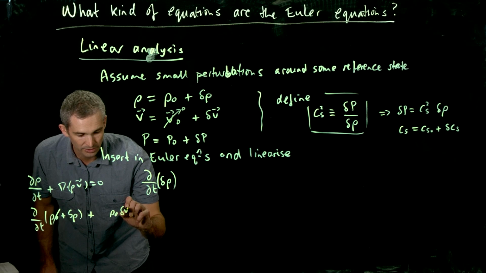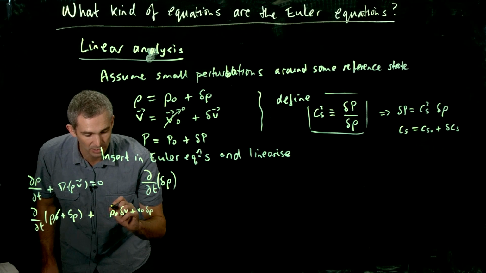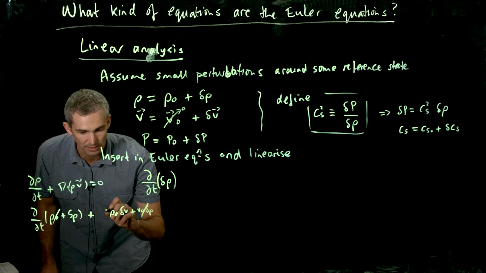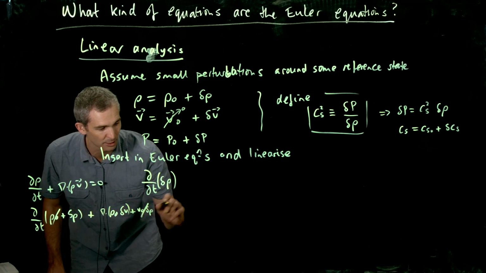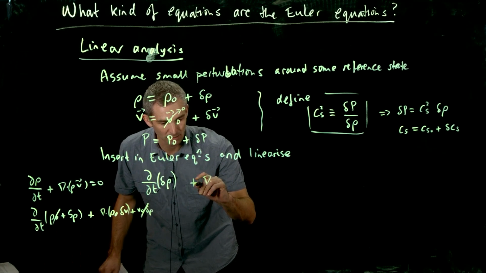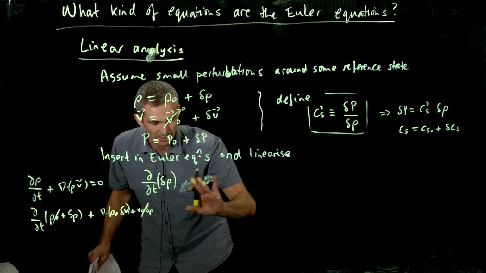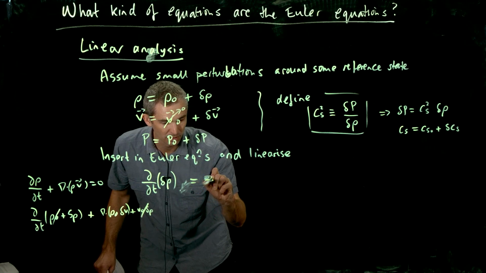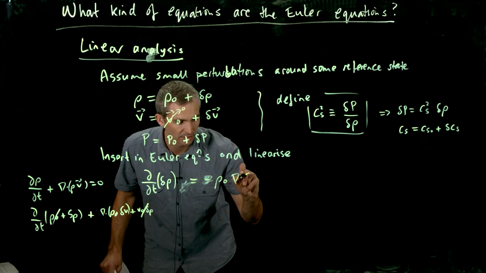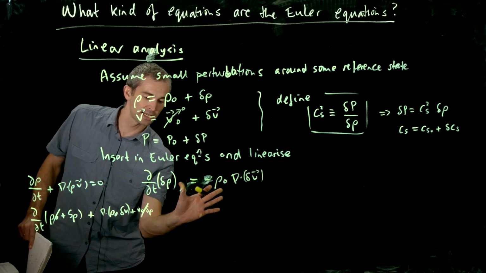So we're going to get rho naught delta v plus v naught delta rho and a second order term. That term is going to be 0, so it's going to leave us just with a divergence of this term. So we're going to get a divergence of rho naught, but the rho naught can come out the front. Plus, I'm going to put it on the right hand side actually, it's more helpful, minus rho naught div dot delta v.